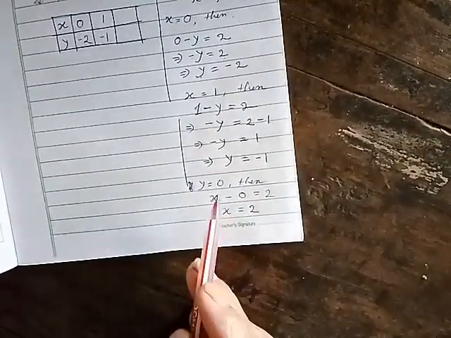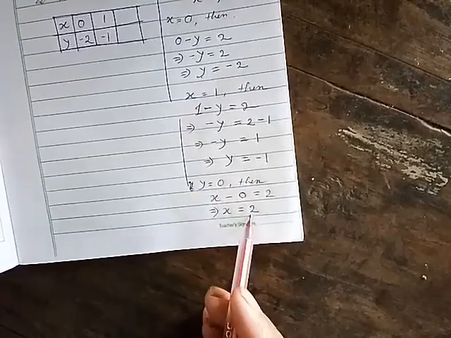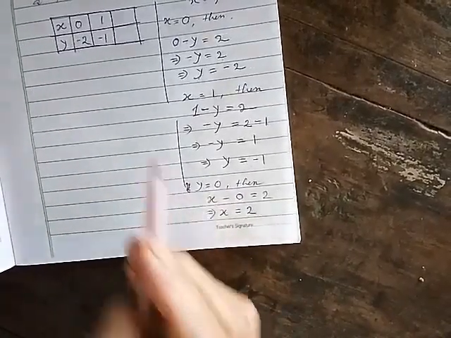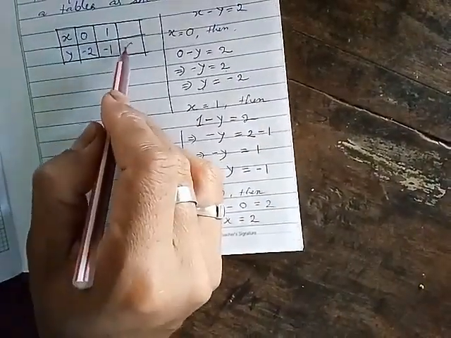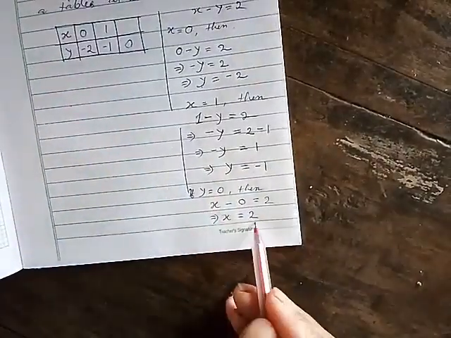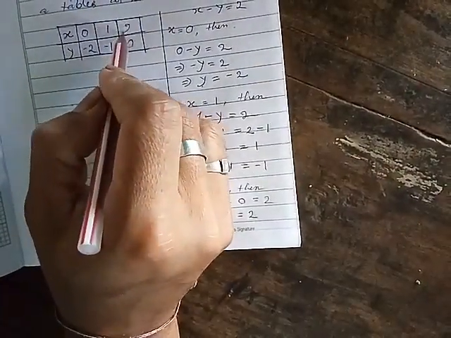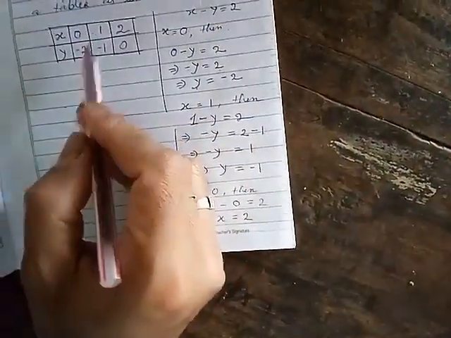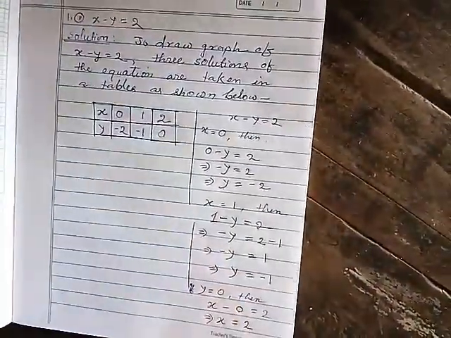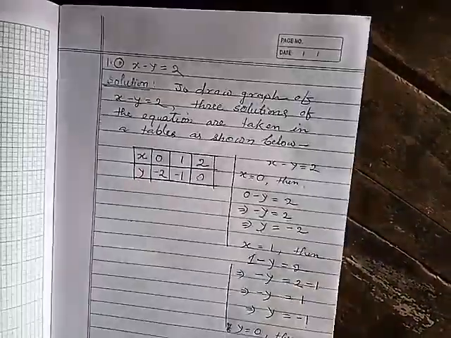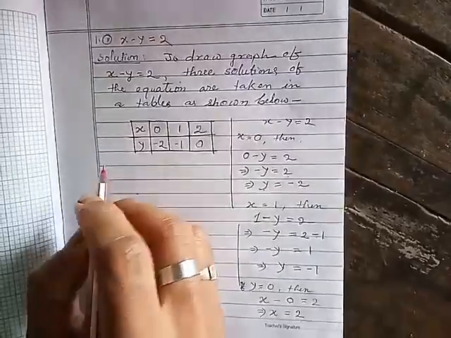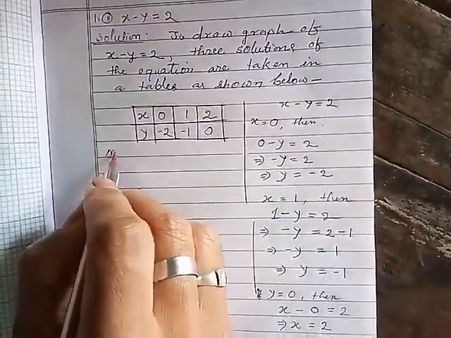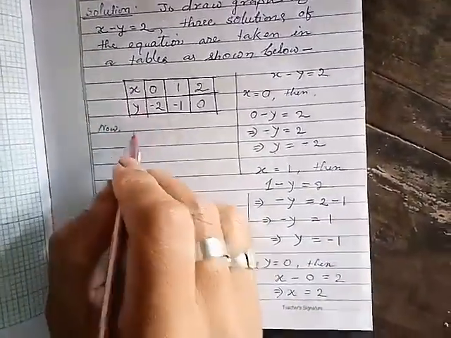So when the y value is 0, x value is 2. In place of y you fill up 0, and in place of x you fill up 2. So like this, 3 solutions or 3 points you should get at least. Now let us take these 3 points.